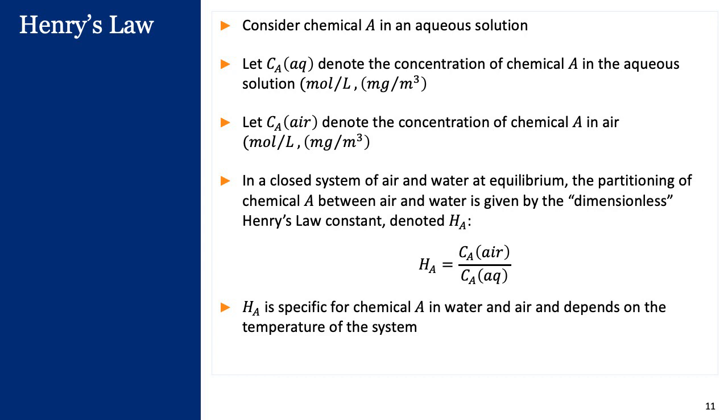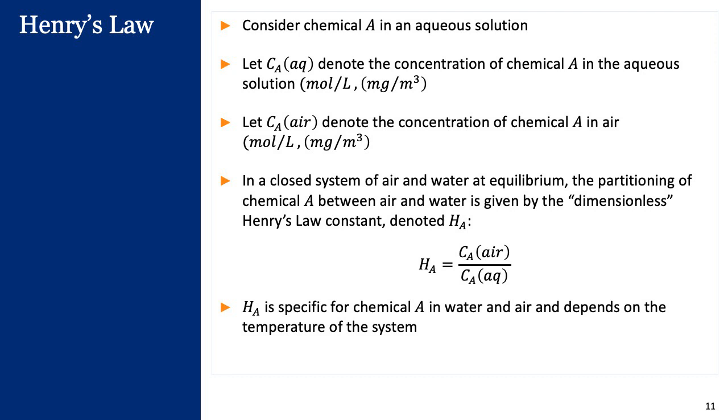Another important model that can be used to estimate airborne concentrations is something you might have learned in your undergrad freshman chemistry class, and it is known as Henry's law. Let's consider a particular chemical in an aqueous solution. Let C sub A, air, denote the concentration of the same chemical A in air, in units of moles per liter of air or milligrams per cubic meter of air.